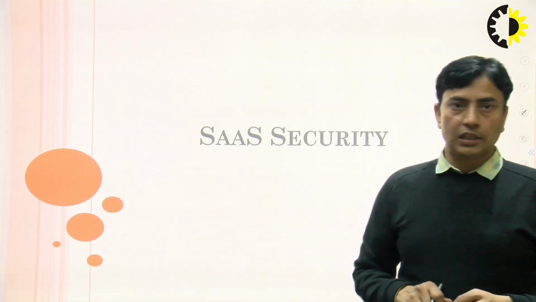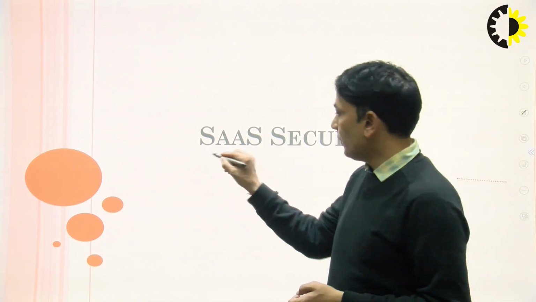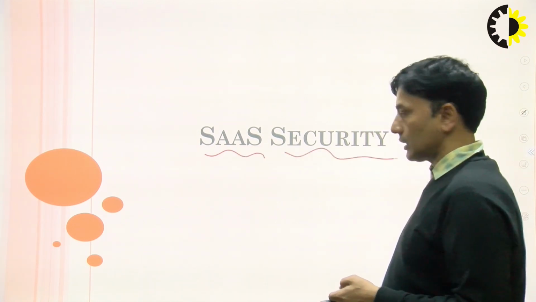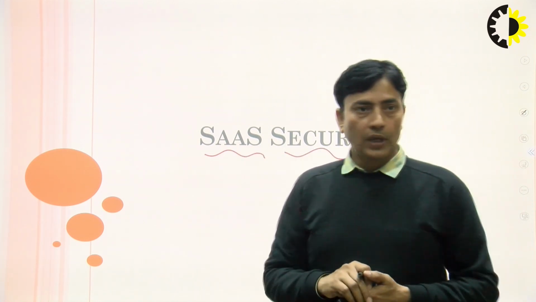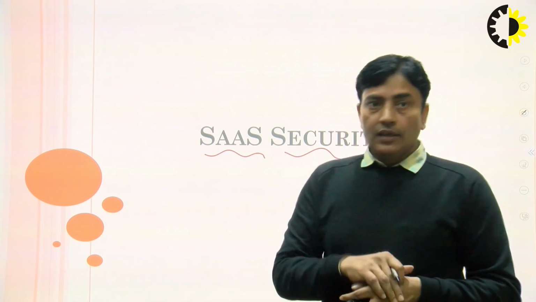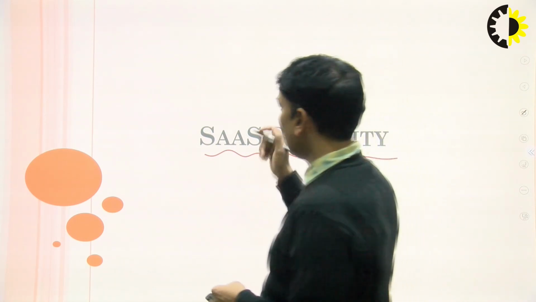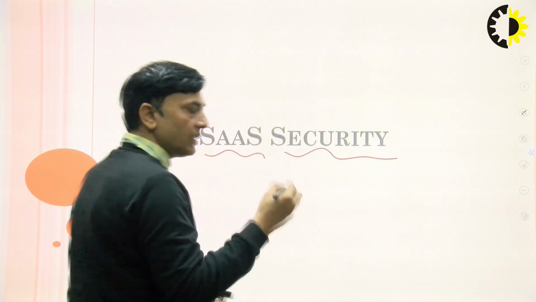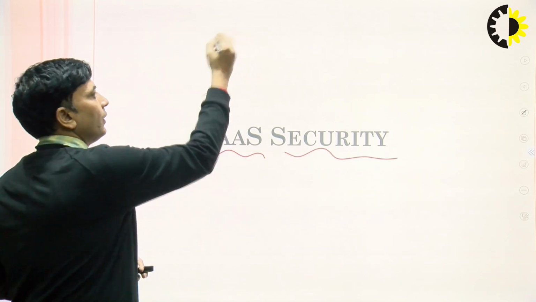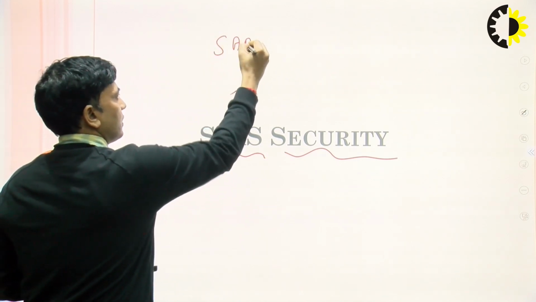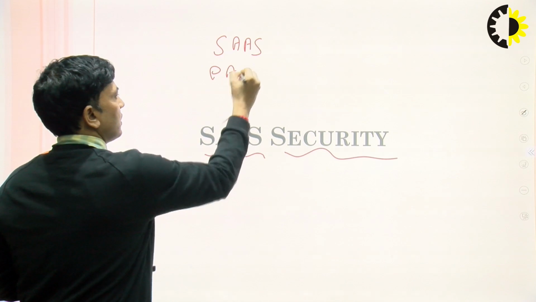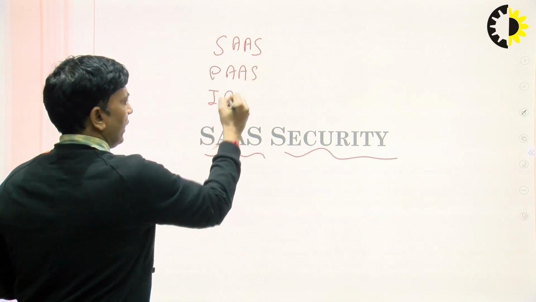Now, in the sequence of this cloud security discussion, we are here to discuss SaaS security. What is SaaS? SaaS is software as a service. Because we are here to discuss cloud security, as we know, in cloud there are broadly three types of services: SaaS, PaaS, and IaaS.